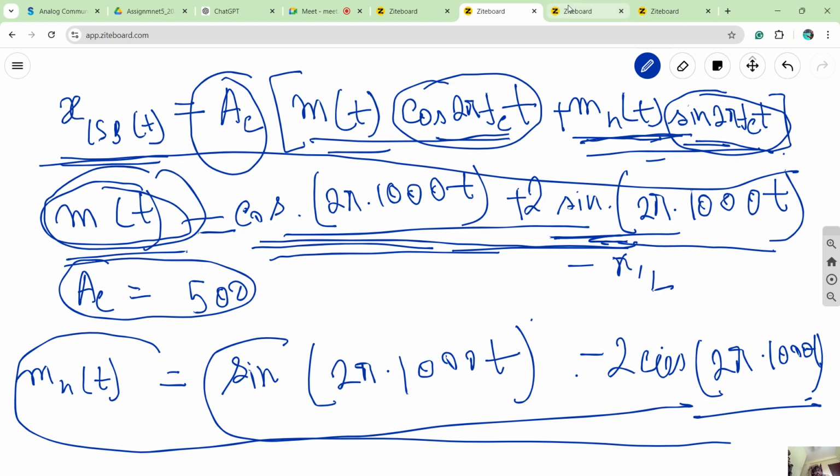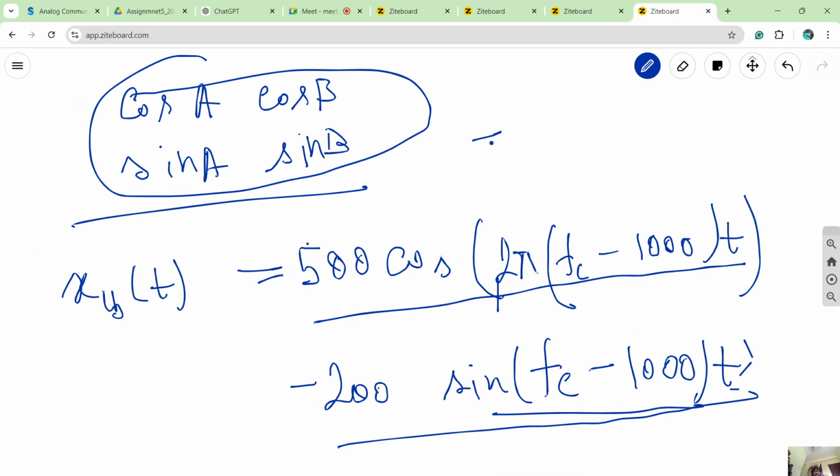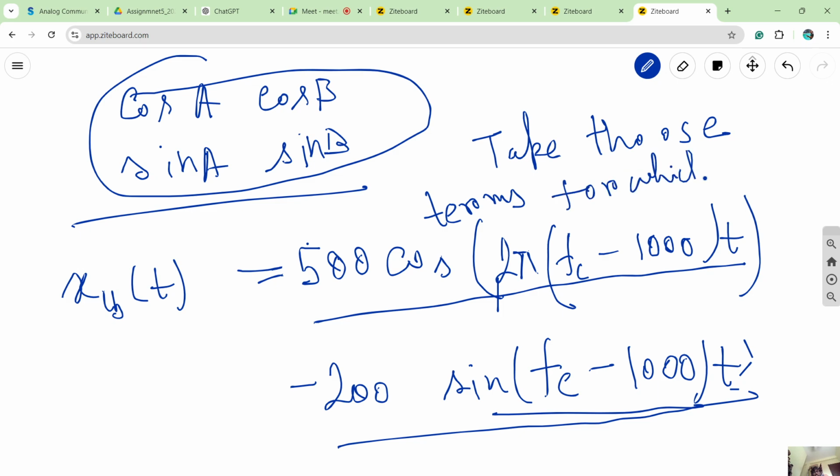And also, just telling the fact that from this equation, you have to take those terms for which FC is the lower side band.